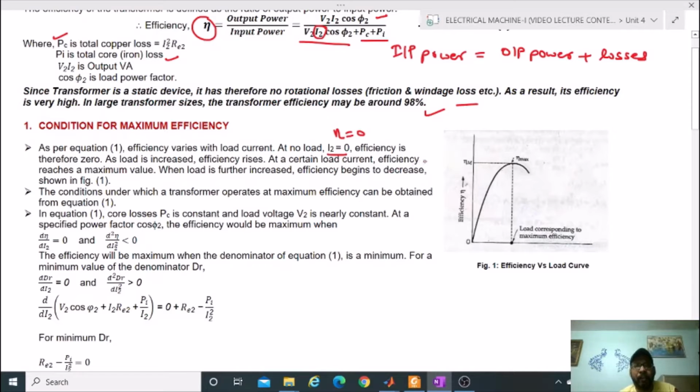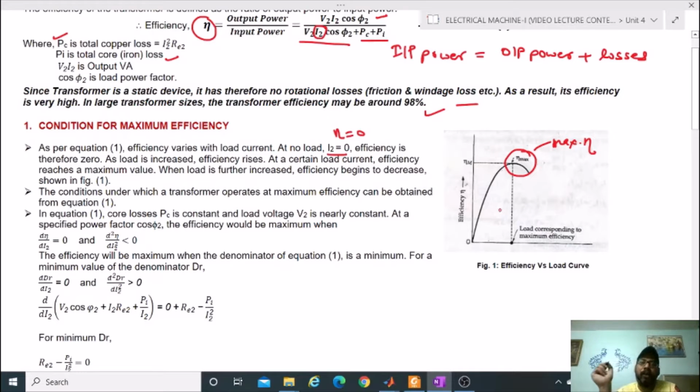But at a certain point it reaches the maximum efficiency, and this point is known as the maximum efficiency. After that point, if we further increase the current or the load on the transformer, the curve will go downwards, so the efficiency will now decrease.